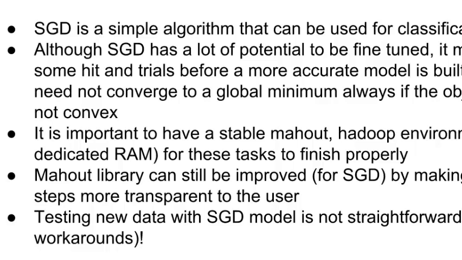There's a lot of potential to be fine-tuned, for example the weighing of words, the relative weightings, or different parameters like lambda and alpha, which are the machine learning parameters. Also, it's very important to have a stable Mahout Hadoop environment for these tasks to finish properly.